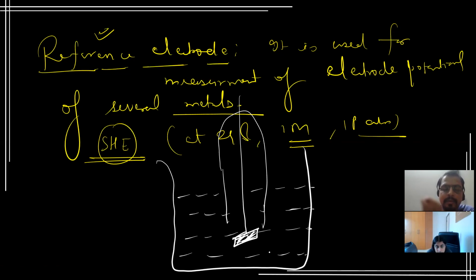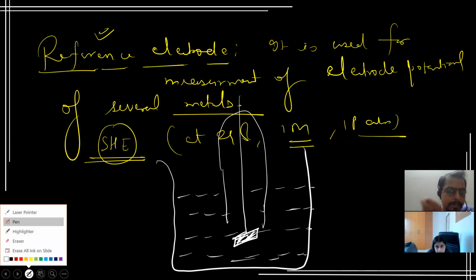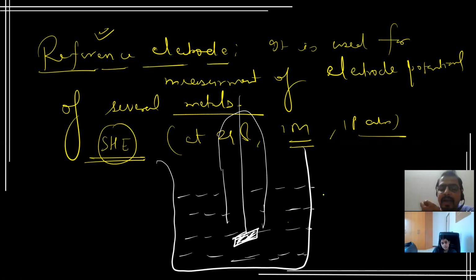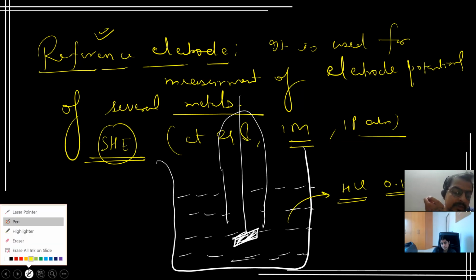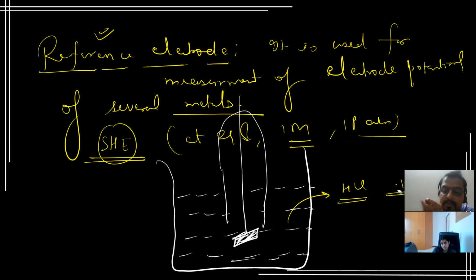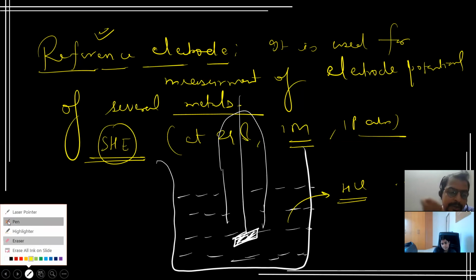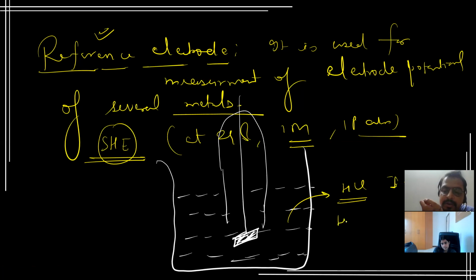And then there is the solution, HCl, 1 molar. The concentration is 1 molar, and the electrolyte is an acid, so it will give H+ anyway. So this is the solution, and this is the platinum electrode.